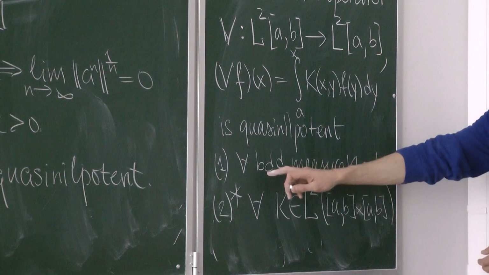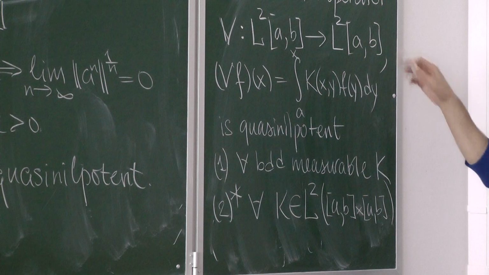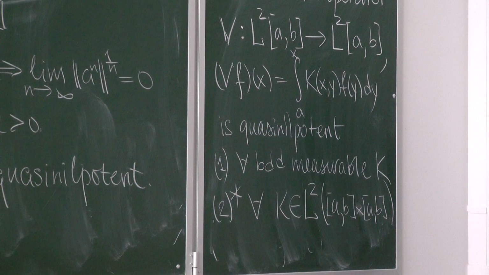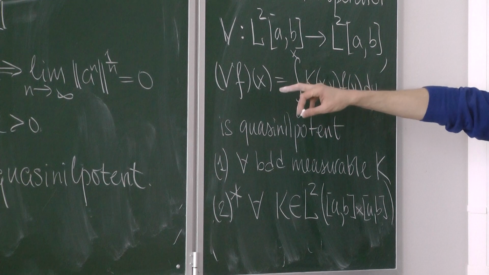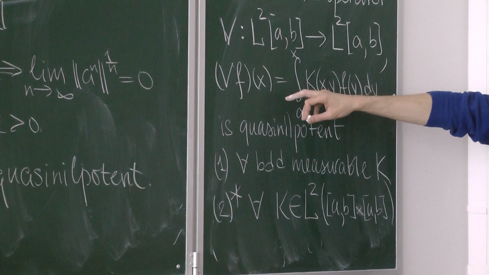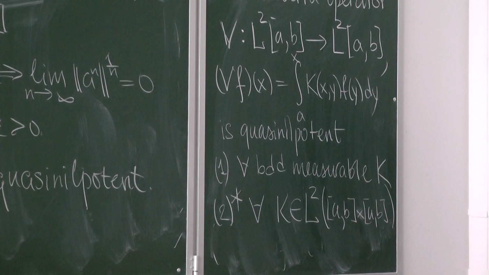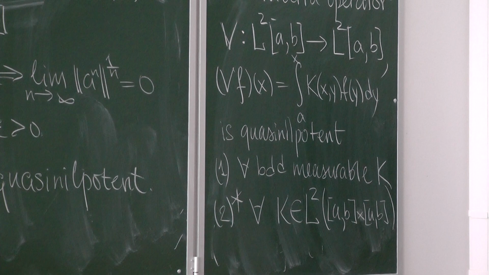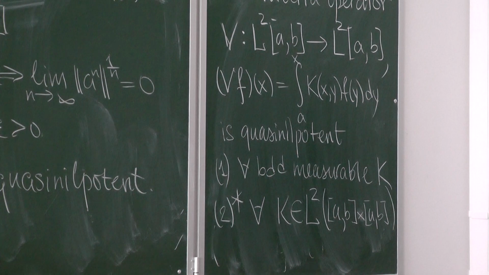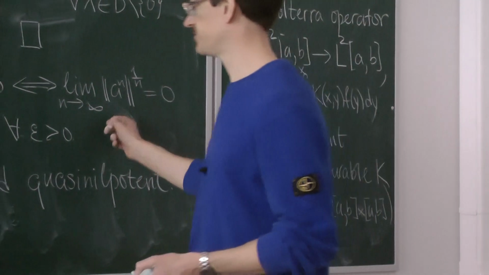In case 1, some elementary analytic estimates show that the norms of this operator go to zero, behaving something like 1 over n factorial. So everything follows from this formula.